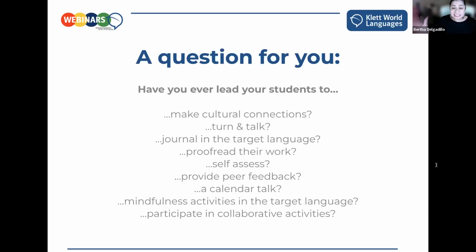So this is not an all-inclusive list of social emotional learning activities, but all of these activities are social emotional learning in nature. And that is great news, because that means that you don't have to reinvent the wheel.